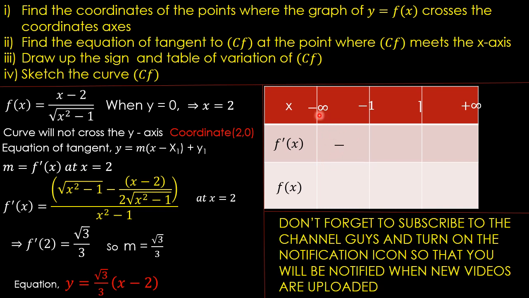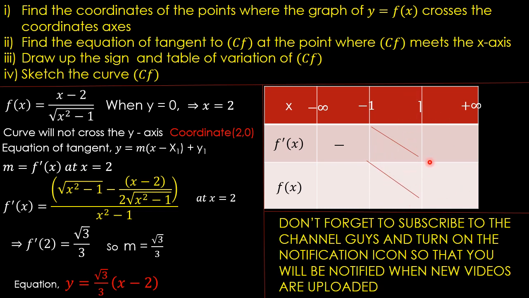That therefore means that between negative infinity and -1, the curve is decreasing. Then we know that the curve does not exist between -1 and 1, right? So we can simply shade that, because the curve does not exist between these two regions.